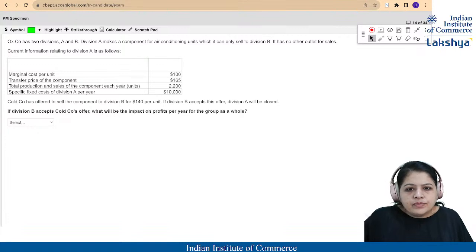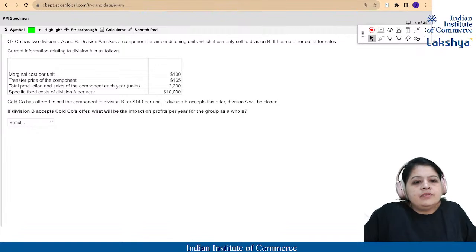Ox Company has two divisions, A and B. A makes a component for air conditioning units, which can only be sold to division B. It has no further outlets for sale. Marginal cost is 100, transfer price is 165, total production 2200, specific fixed cost is 10,000. Coal company has offered to sell the component to division B for 140.